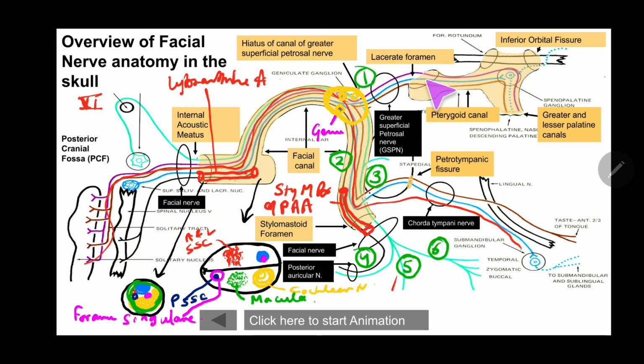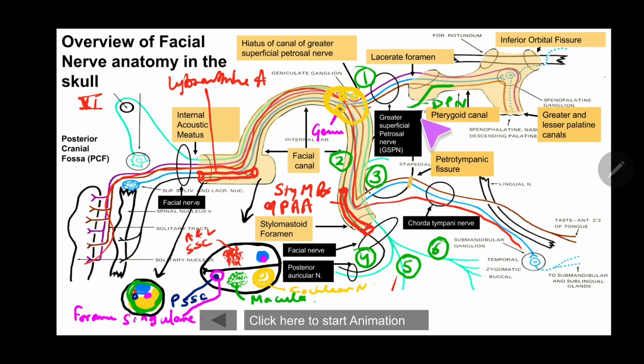And when it reaches the foramen lacerum, it meets a new nerve, and that nerve, remember, I'm trying to draw in this color. It meets this new nerve coming from below, and this nerve joins this, and this nerve is the deep petrosal nerve.